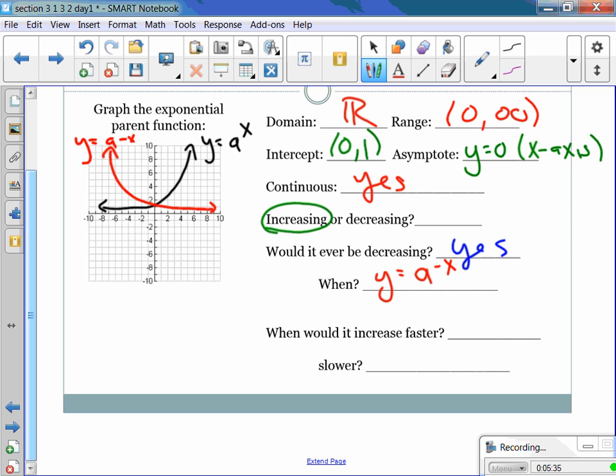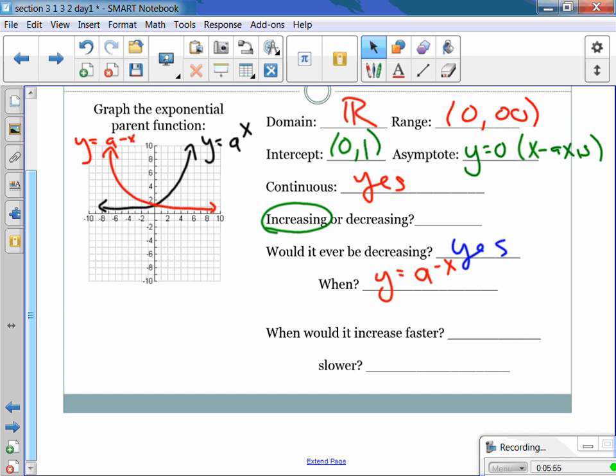So everybody was right as far as whether a is negative or x is negative, but we're looking at where x is negative. So it's still going to have the exact same intercept of 0, 1 and the same asymptote, so they're both above the x-axis.